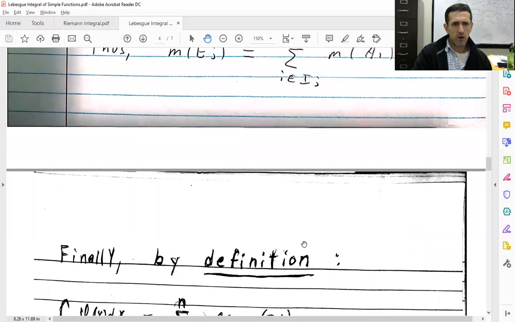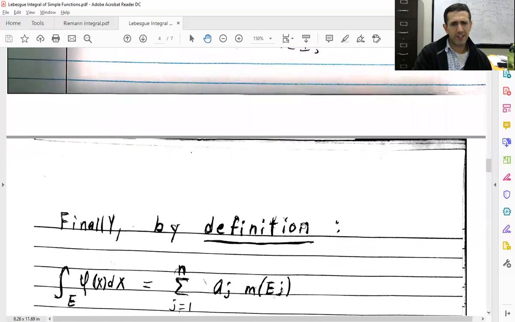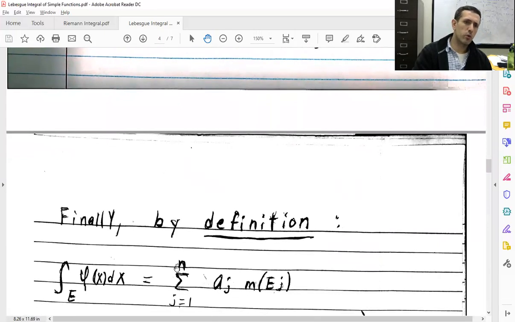Remember, the definition of this integral is going to be the sum, where the sum j equals 1 to n of a_j times the characteristic function of E_j, is the canonical decomposition of my simple function. So I can plug this in.